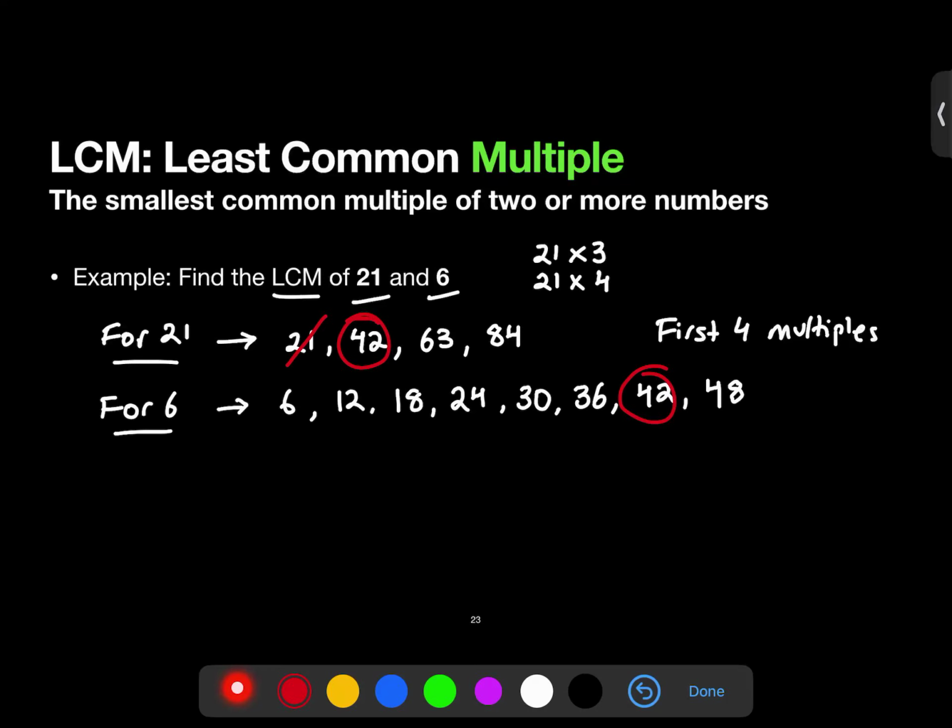So we can see that 42 is the first number that appears in both lists. So that is our LCM, least common multiple. Correct. So 42 is the least common multiple between 21 and 6.